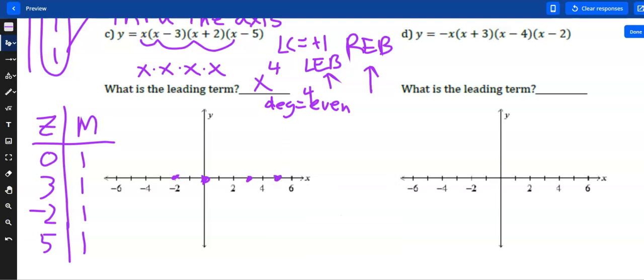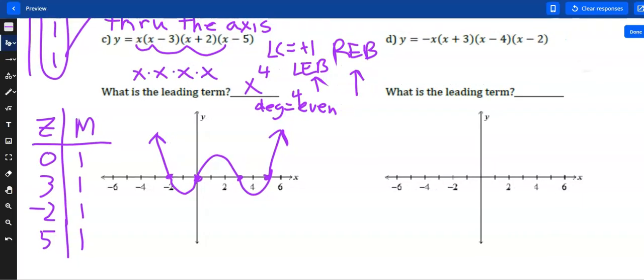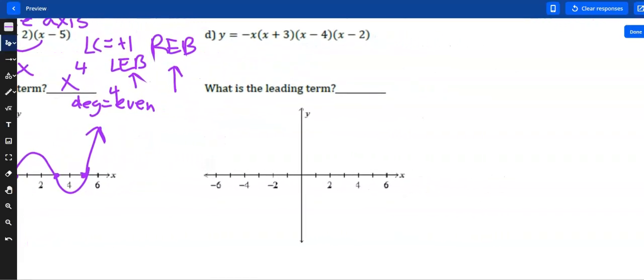Attach your end behavior to the outermost zeros. And because these are all odd multiplicities, it does something like this. Cuts through the axis each time. Still haven't seen an example where we've bounced off the axis yet.